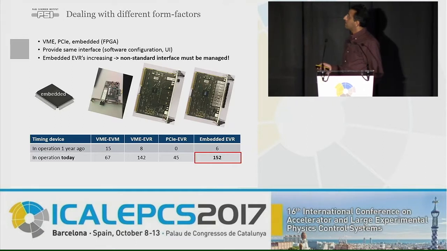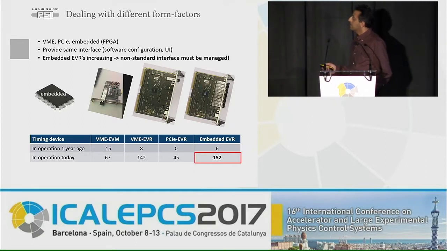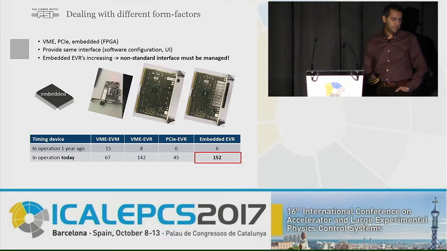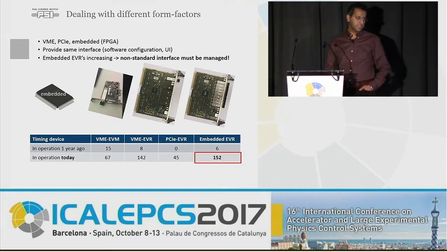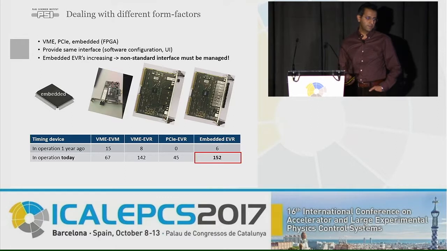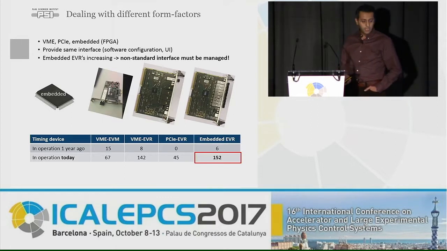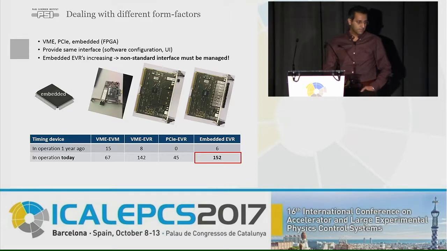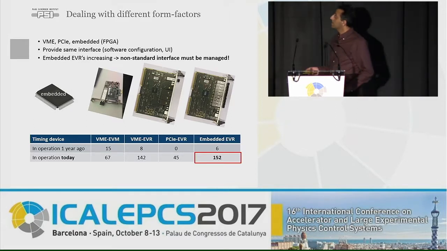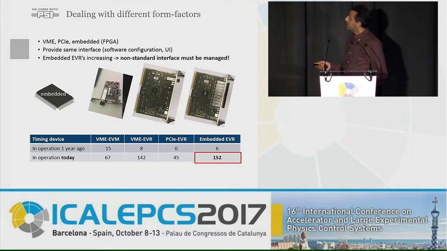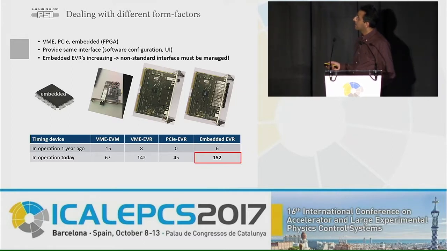We manage several form factors in SwissFEL. Our mainstream is VME and PCI Express. We use PCI Express mainly for motion control and for camera systems, but we have also been dealing with embedded EVRs, and they are increasing over time.